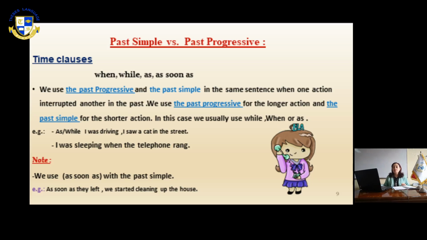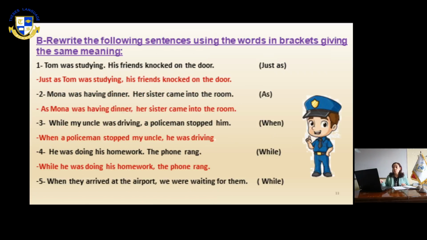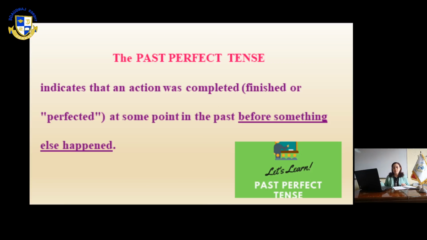Slide 10. We have exercises here, slides 10, 11, and 12. They are answered and you can read them and test yourself, test your understanding. Moving to slide 13, we are going to talk about another past action, which is the past perfect tense.